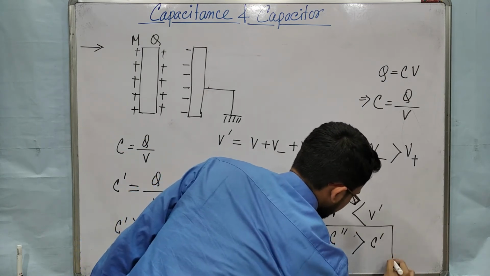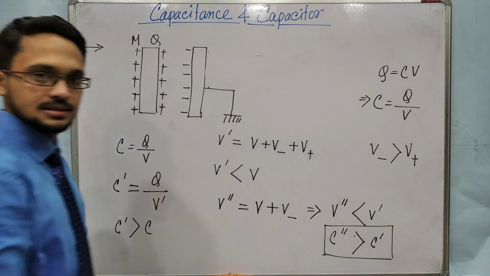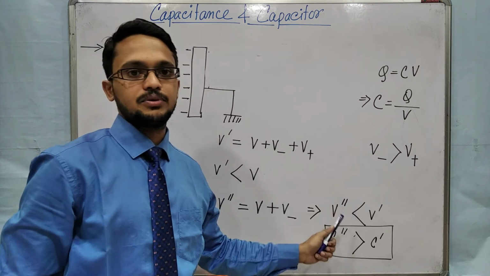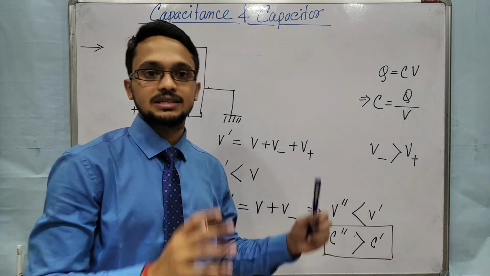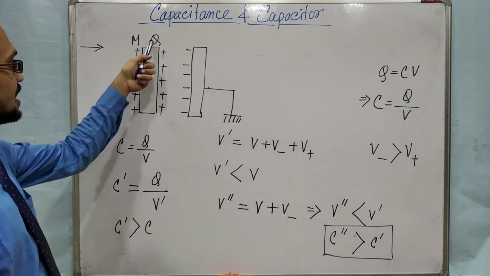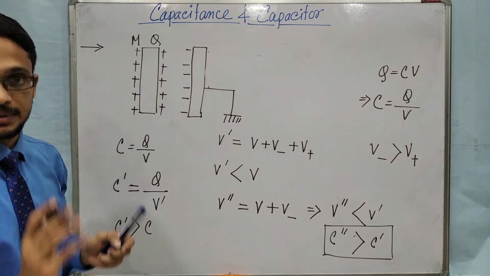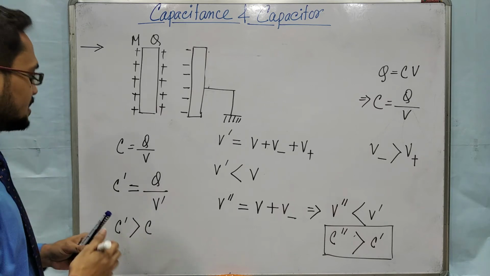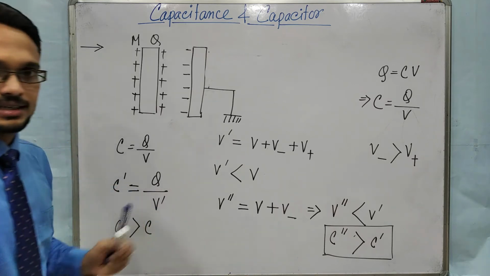So this is our principle of capacitance. If we decrease the potential or potential difference, keeping the charge constant, then the capacitance of that conductor will increase. Understand this part.